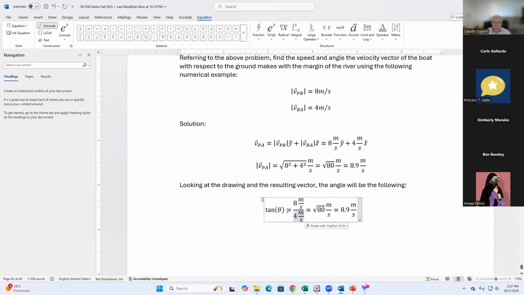The tangent has no unit whatsoever. For this reason, the meters per second upstairs must cancel the meters per second downstairs. And for this specific example, we get 2, right?